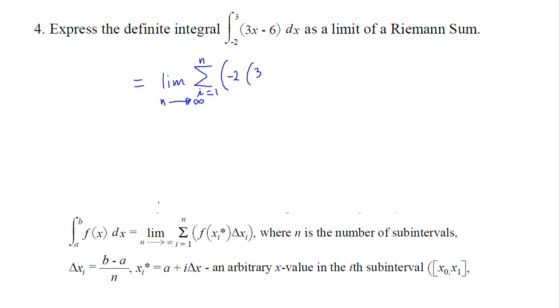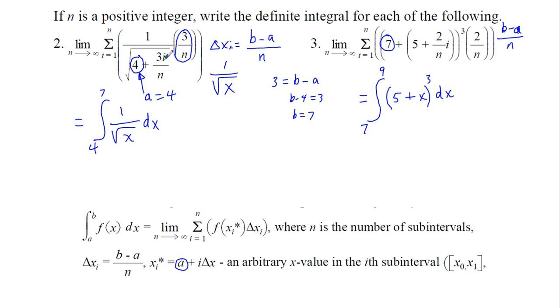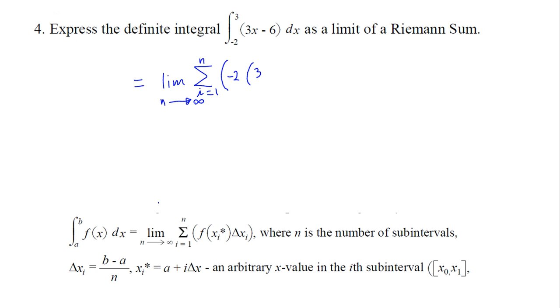let's see how we did this in the other problem, checking back here, 3i over n, okay, we're going to write that as 3i over n, and our n value is going to be 5. Why is that? We're going to talk about that in a minute.